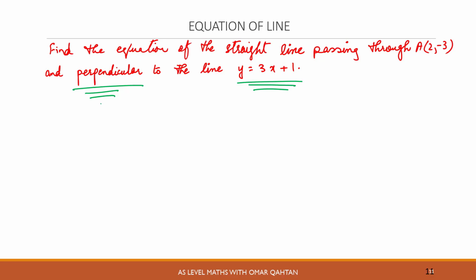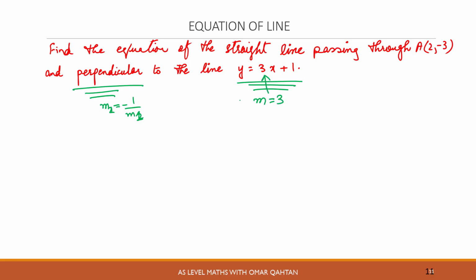Whenever one line is perpendicular to the other line, m2 equals minus 1 upon m1. So we can use the gradient of this equation for finding the gradient of the other line because they are perpendicular to each other. So we have m equals 3 from here.